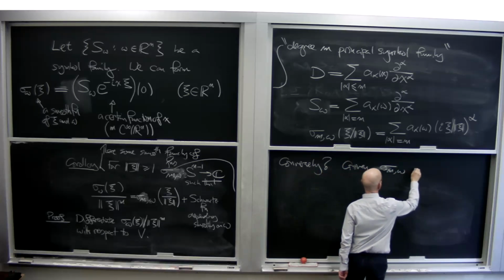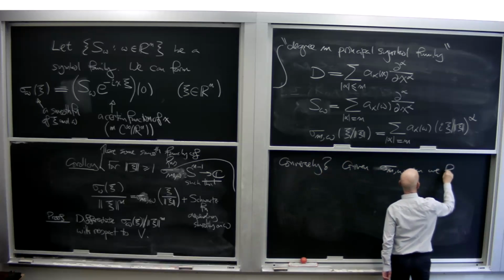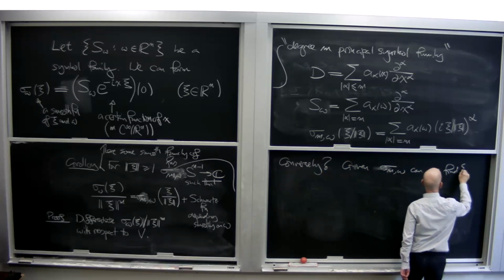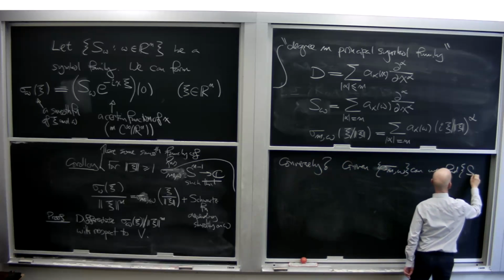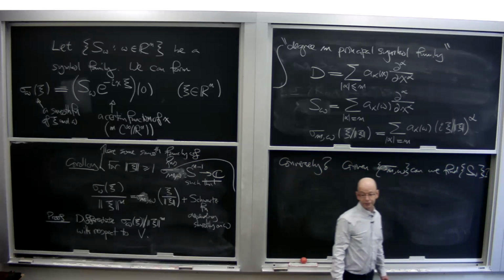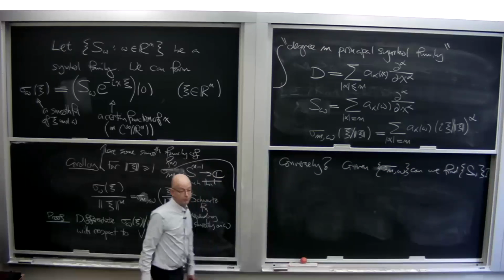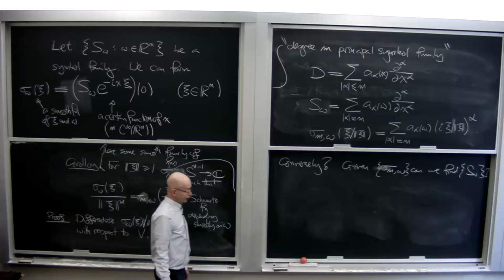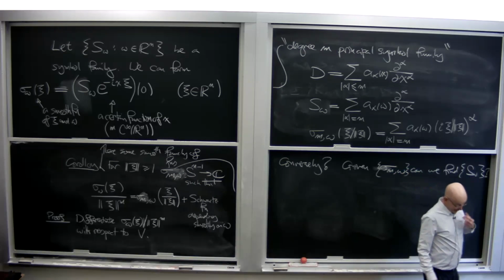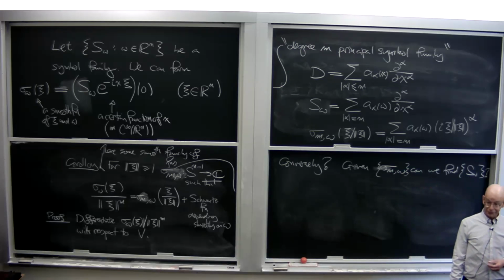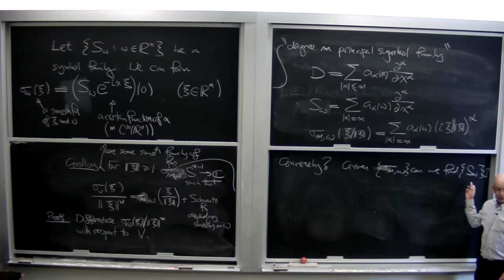Given this smooth family of functions, can we find a smooth family of operators? That's the question that you might want to know. If you can find it, by the discussion we just had, it's unique up to smoothing operators. So that's for sure. And the only problem is, can you actually build these guys?